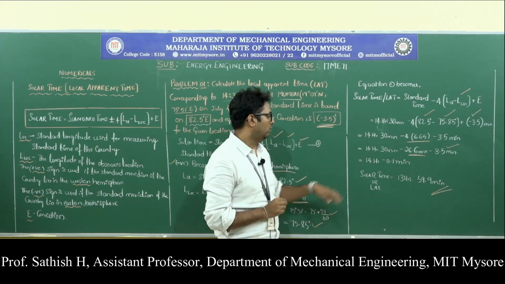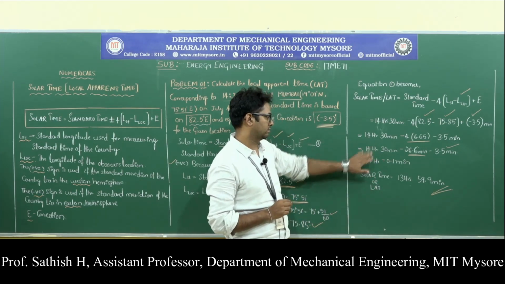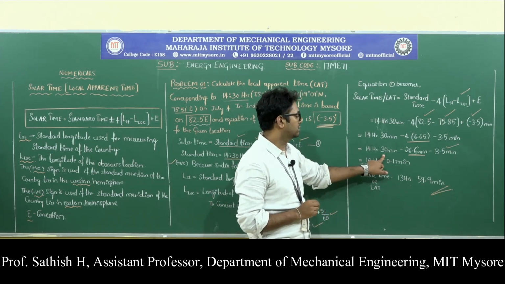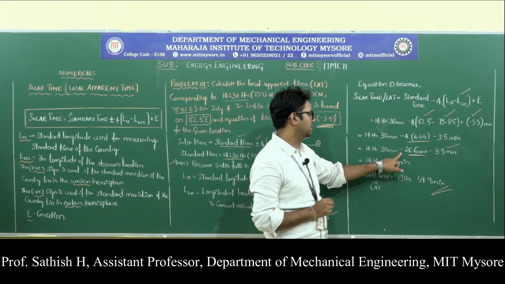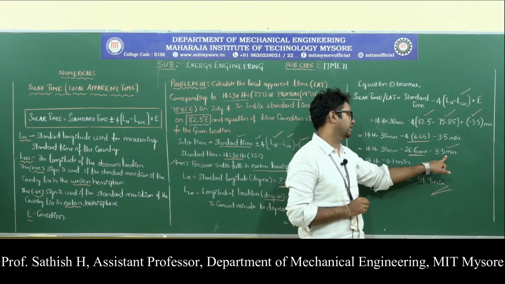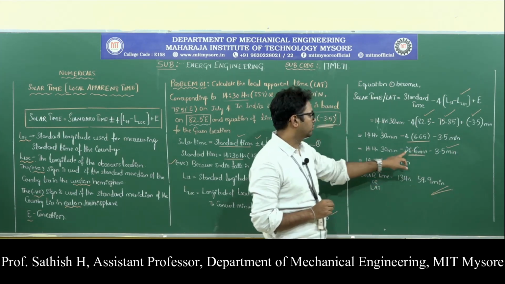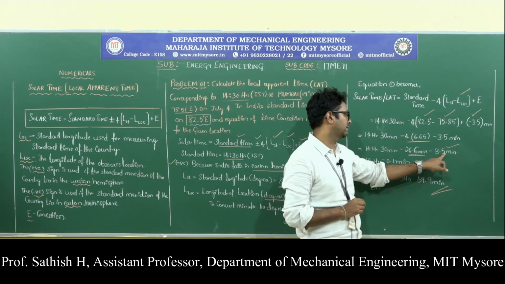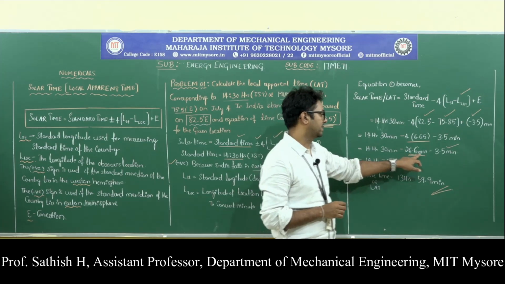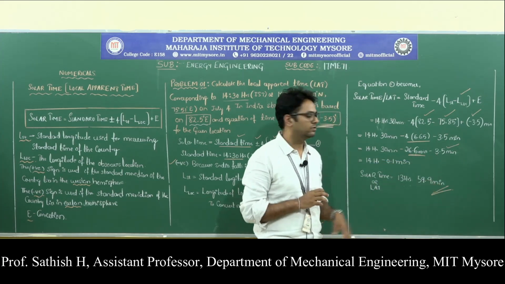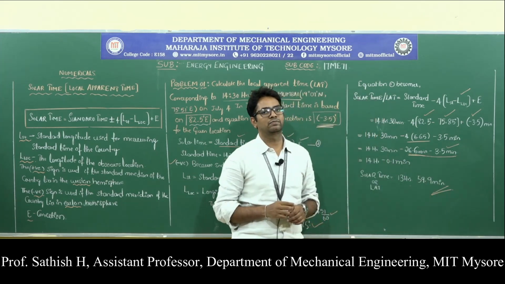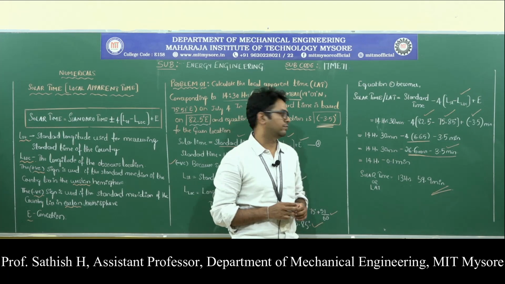Now, keeping the hours separate, we have 30 minutes minus 26.6 minutes minus 3.5 minutes. Adding 26.6 and 3.5 together gives 30.1 minutes.